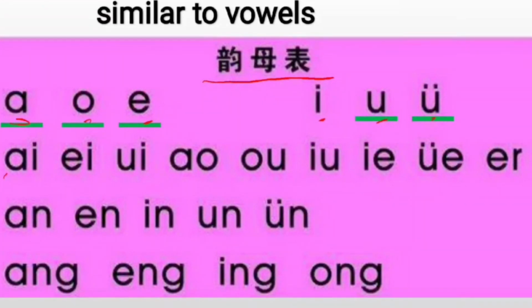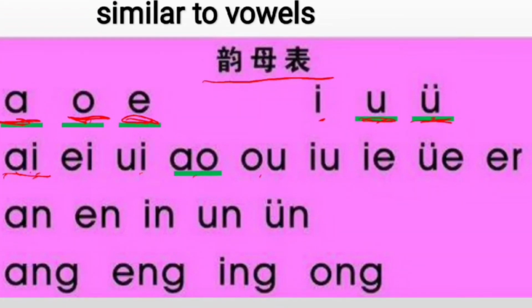Let's repeat. A, wo, I, U, Ü. Below are the 2 letters or 3 letters put together to make one sound. But if you remember the first line, you would be able to pronounce them all by yourself. Like A, I, putting together ai. It's ei, ao, ou.